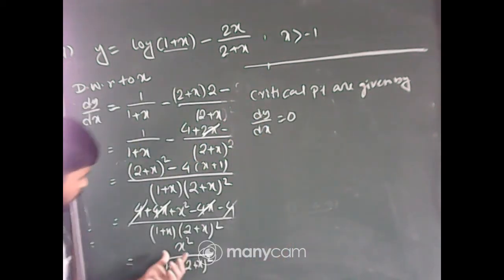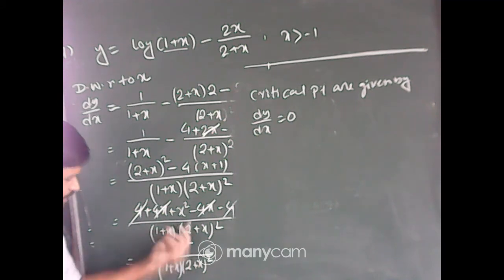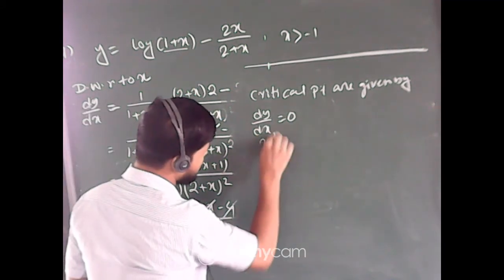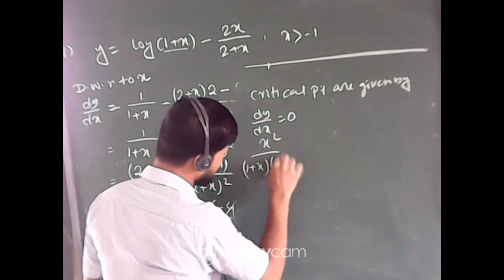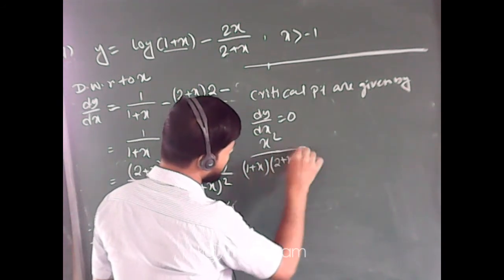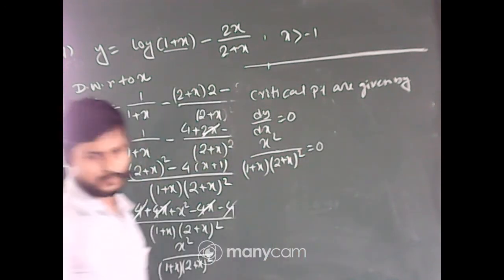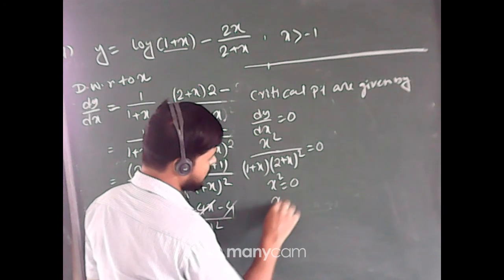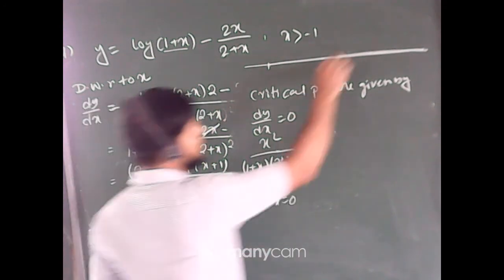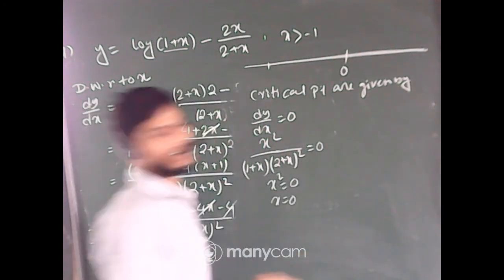So what is the value of dy/dx? That is x square by (1 plus x) into (2 plus x) whole square, equal to 0. That means x square is equal to 0, meaning x is equal to 0. So x equal to 0 is the critical point of the function.